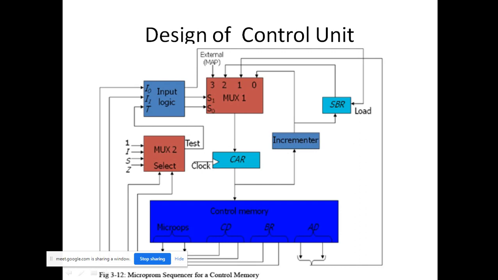The incrementer is one source path, this one is the second source path, the third one is the conditional source path, and the fourth one is from external memory, that means from external address. These are 4 source paths. For selection of the next address from the 4 sources, we use the address sequencer.